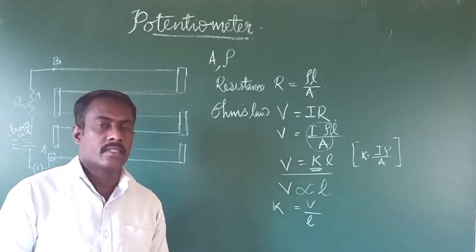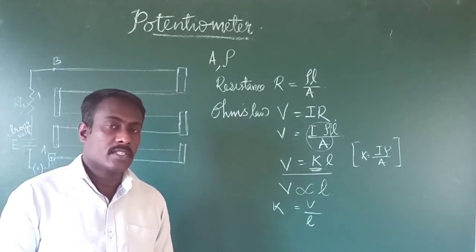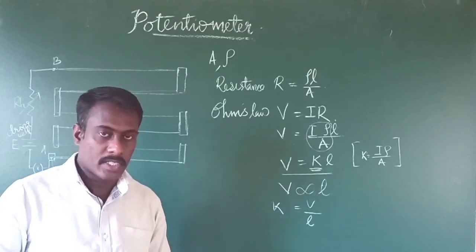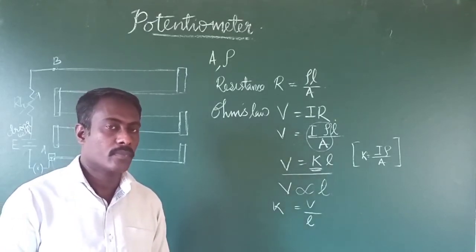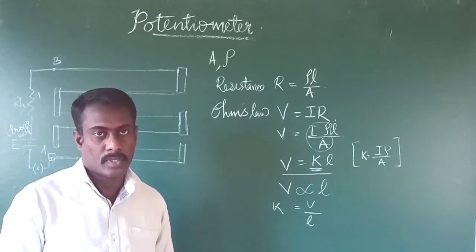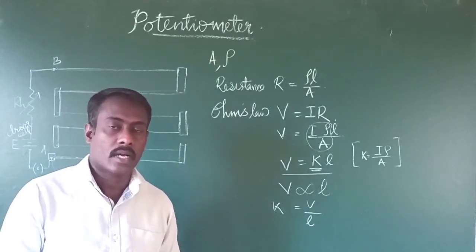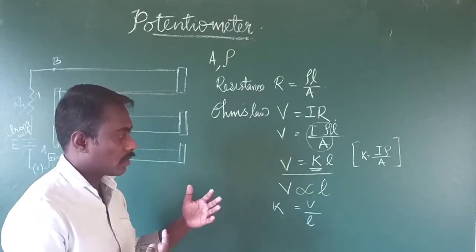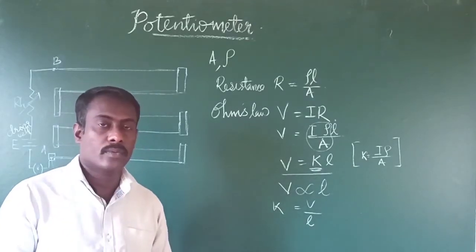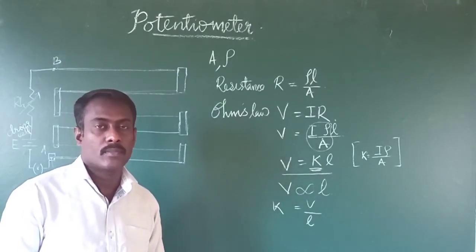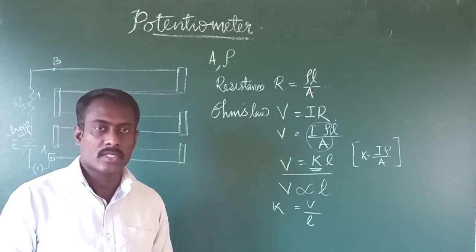This is the reason a long wire is used in the potentiometer. If the length is increased, the potential gradient decreases and the sensitivity of the potentiometer increases. So the parameter measured in the potentiometer will be more accurate if the length is increased.